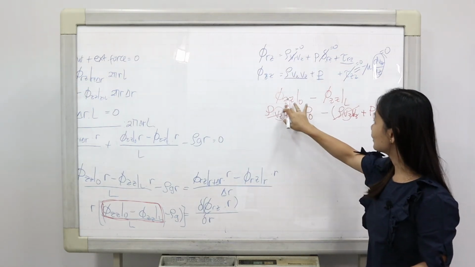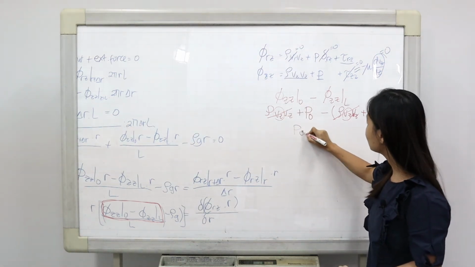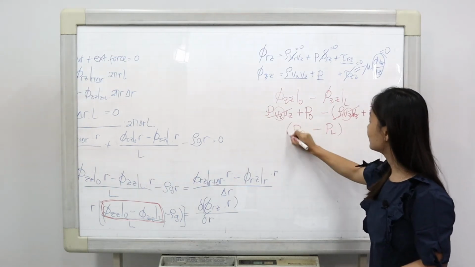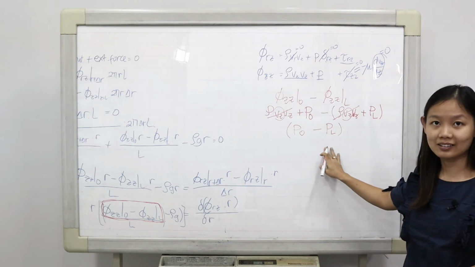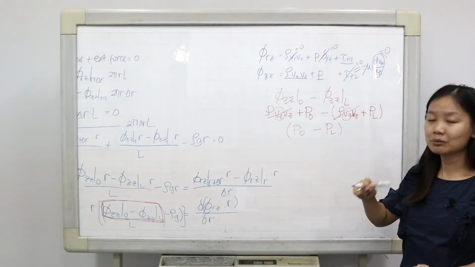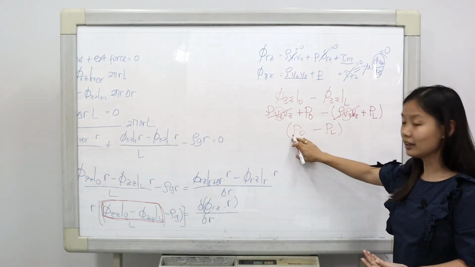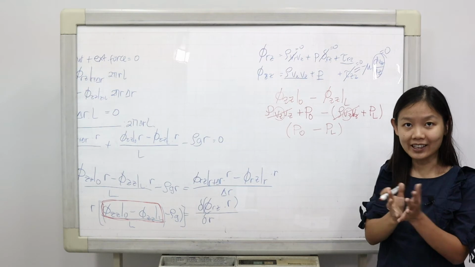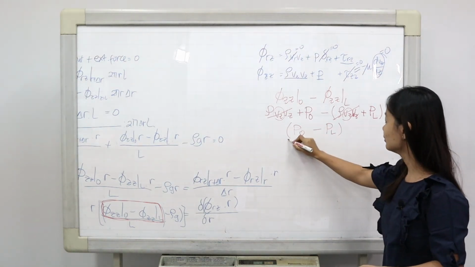So from the momentum flux ZZ, we only have P0 minus PL, the pressure at 0 minus the pressure at L. I think Bu Winnie already explained this to you yesterday, that P here is the pressure of the fluid, the pressure of the flow.